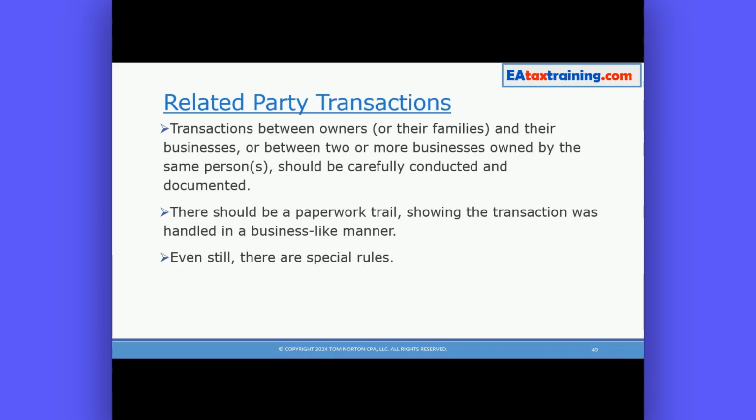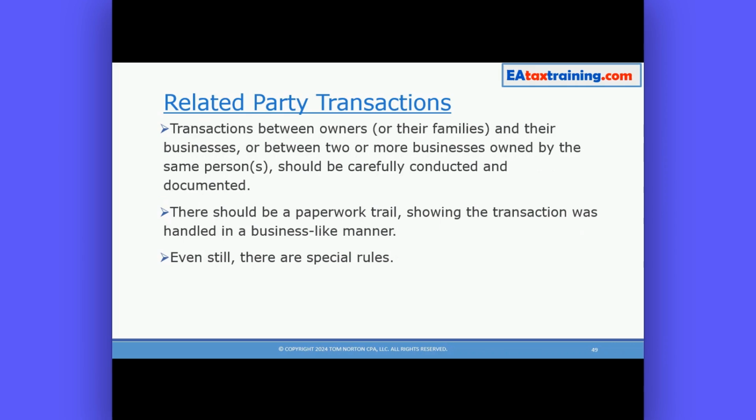Speaking of things that can look suspicious, related party transactions. Related party transactions are not forbidden. I'm not saying you should never do them, but transactions between owners or their families or their other businesses, or between two or more businesses that are owned by the same people, they need to be very carefully conducted and documented.